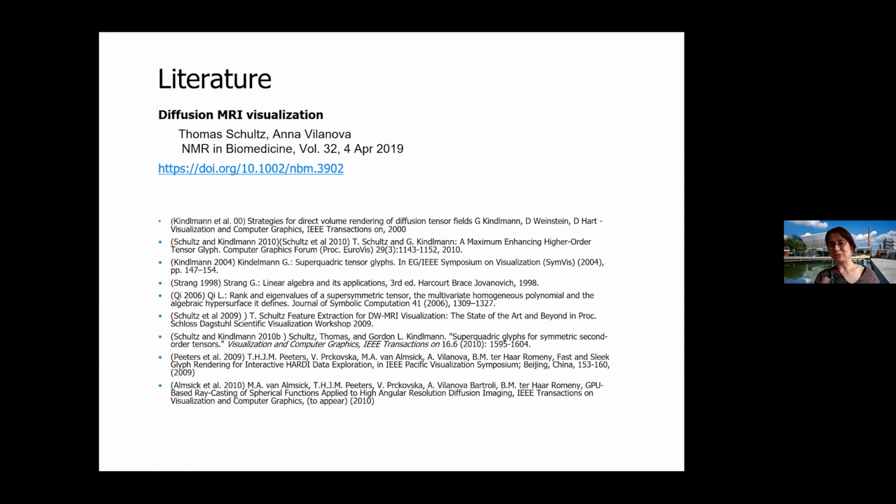So that's what I used for the things I showed here. But there is MRtrix, which is also a very common tool used nowadays to visualize this kind of data. Also, 3D Slicer has modules that allow you to visualize data. So there are multiple tools out there that allow you to make basic visualizations of this type of data.